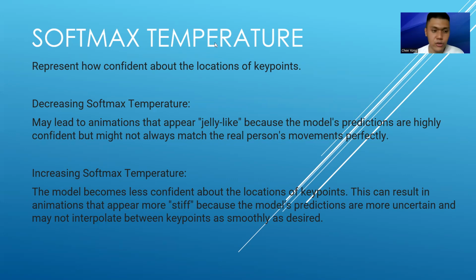In contrast, if I increase the softmax temperature, the model becomes less confident about the location of key points. This can result in animation that appears more stiff, because the predictions are more uncertain and may not interpolate between key points as smoothly as desired.